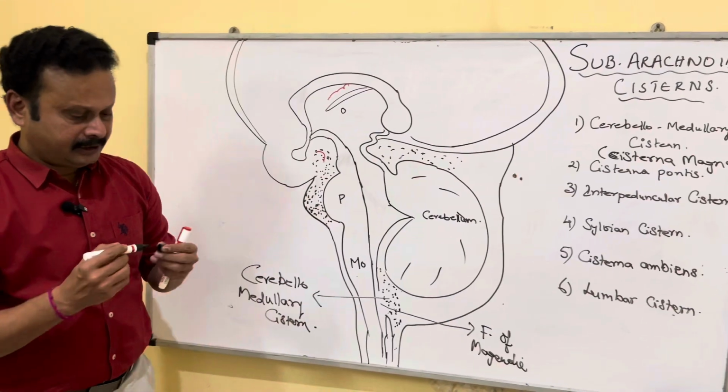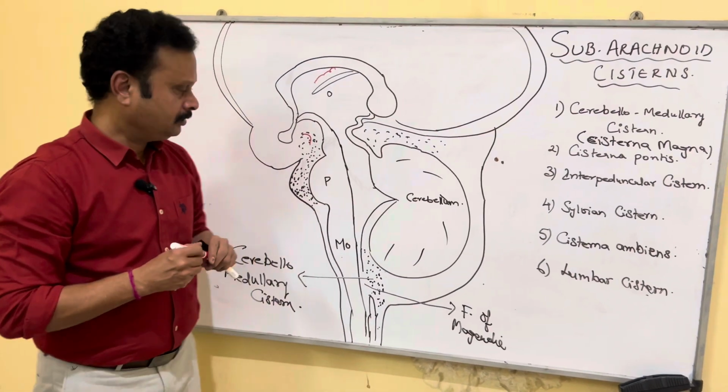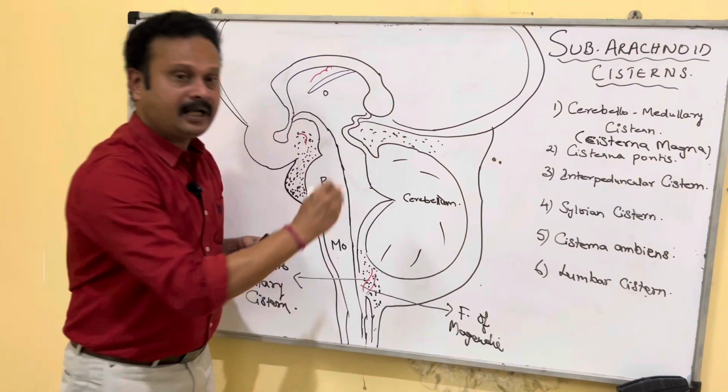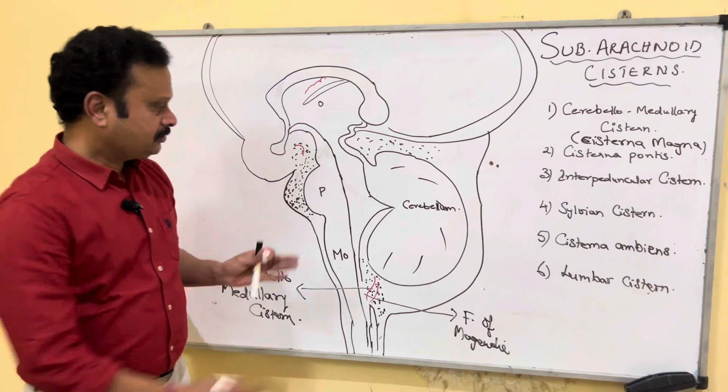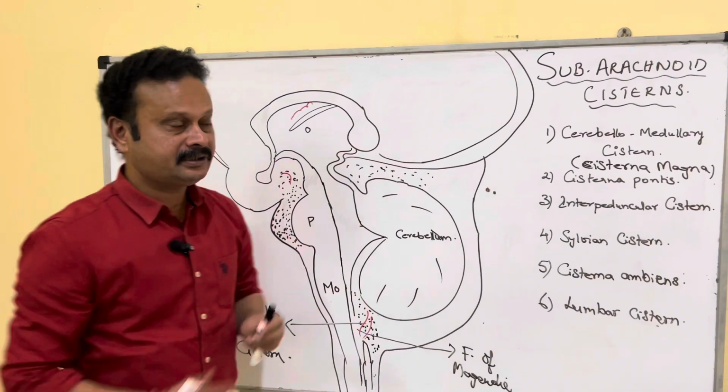And what does it contain? It contains some branches of the vertebral arteries. Is it clear? So, this is all about the cerebello-medullary cistern.